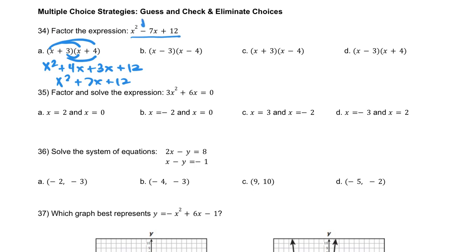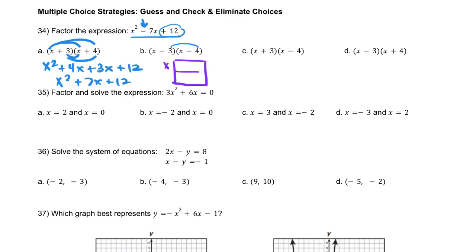And I should have probably looked right away that I have a negative. So I need to have at least one negative in here. And actually, because I want this to be a positive 12, it's probably going to be this one with the negative times the negative. And let me show you with the box method as well, just because some of you might prefer that.